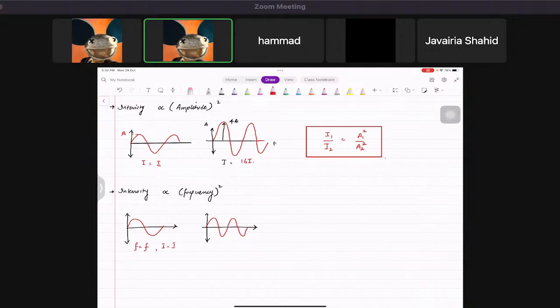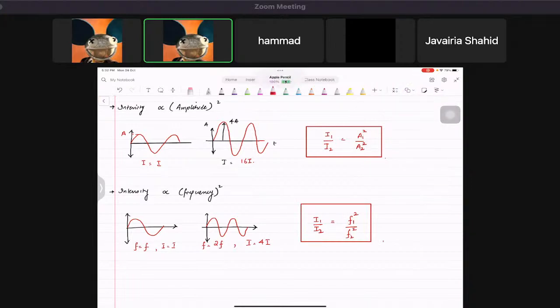If the frequency is 2f, then the intensity is going to be 4 times I, because frequency and intensity are directly proportional as well. You can build this formula: I1 over I2, the intensity of the first wave over the intensity of the second wave, is equal to the frequency of the first wave square over the frequency of the second wave square. That would also give you the correct answer if a ratio comes.